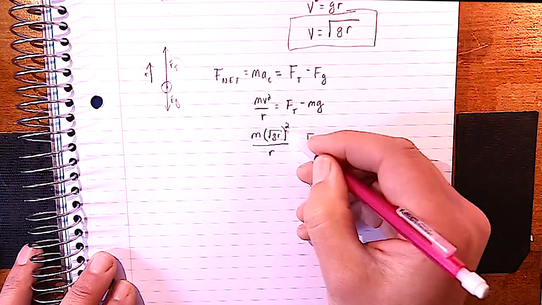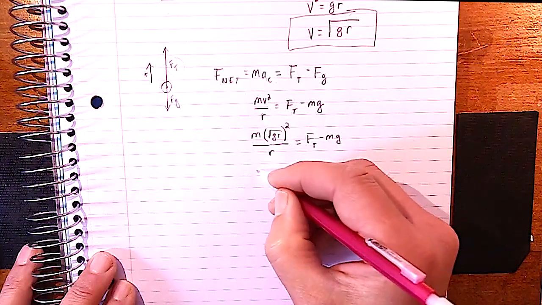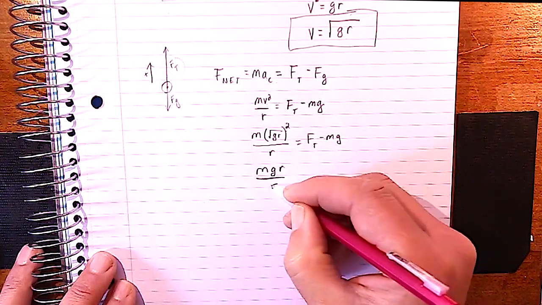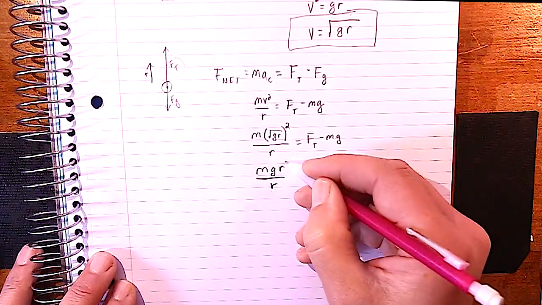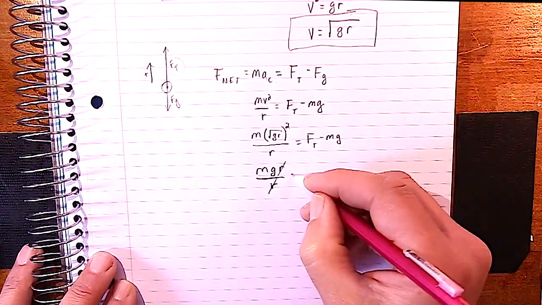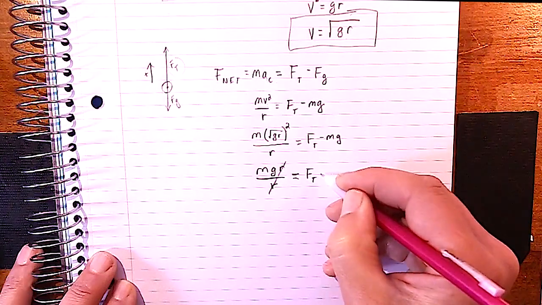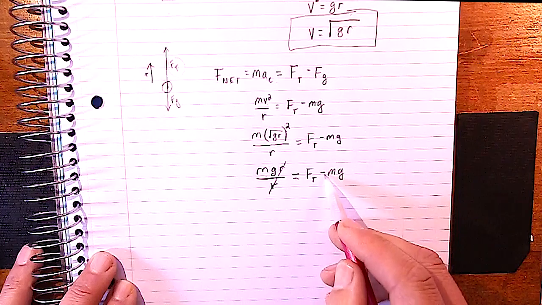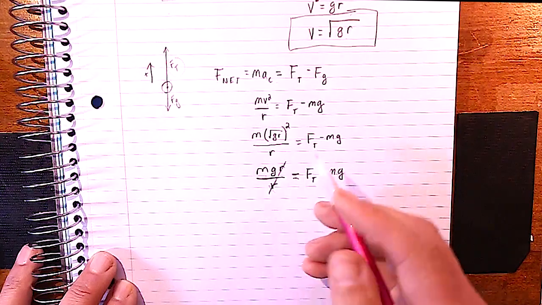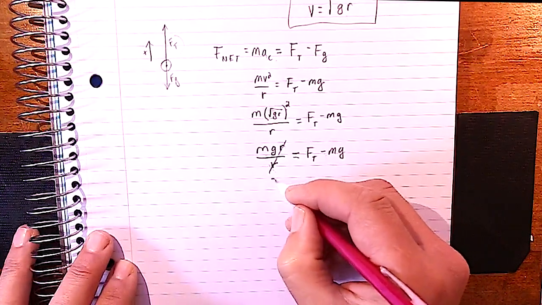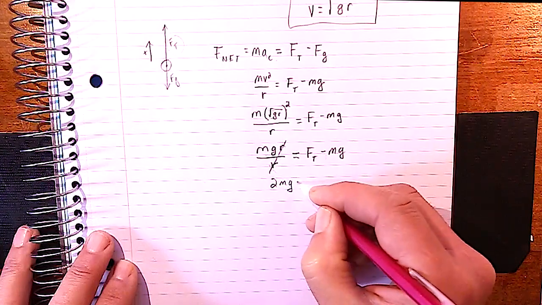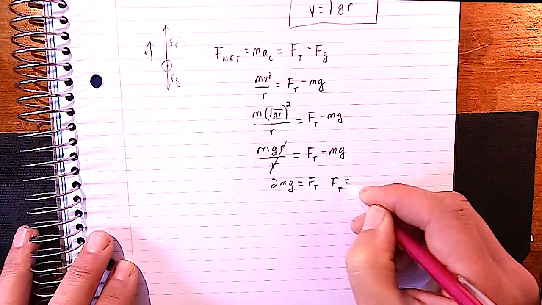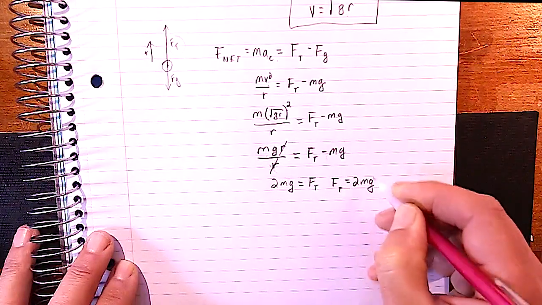Well, a square root squared is just going to be itself, so that's going to be mgr over r. And we have an r on the top and the bottom, so those will cancel, equals Ft minus mg. So we have mg on this side. We're going to add another mg to the other side, so that's going to make that become 2mg equals Ft, or rearranging it, the force of tension is going to be 2 times the weight.